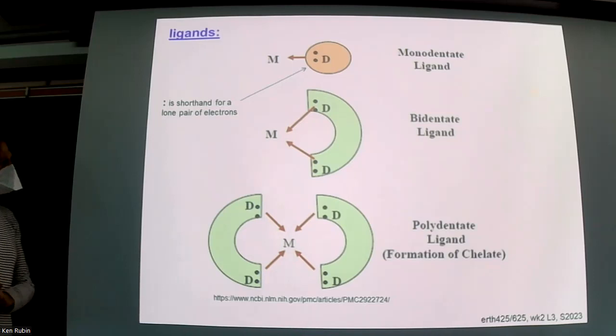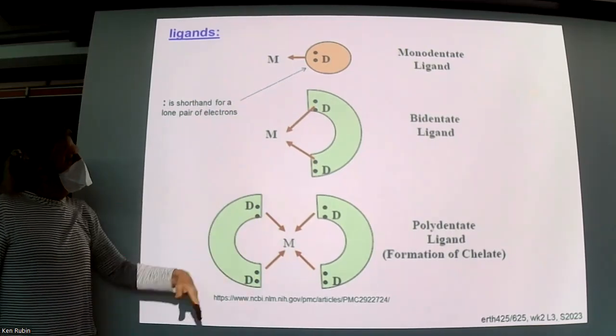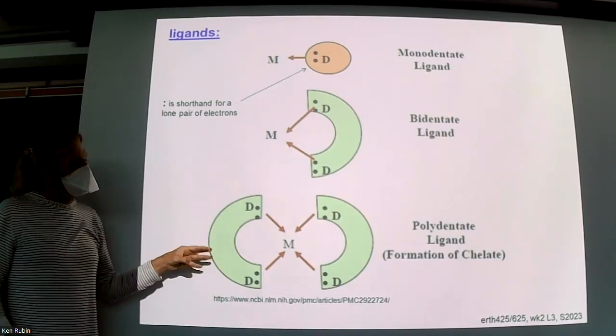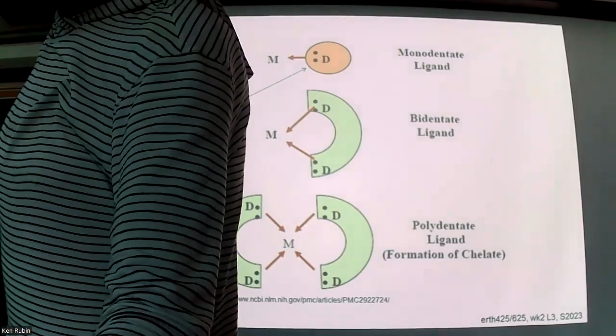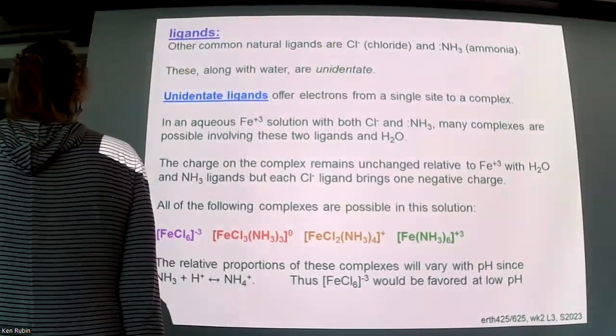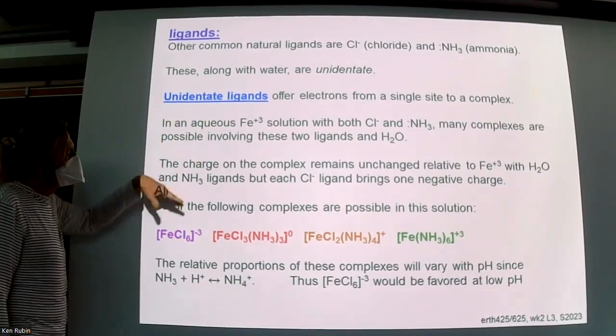That's all the term chelate is. All of these are complexes, but they only become chelates when we have polydentate ligands interacting with individual Lewis acids. So this just explains what I said about unidentate ligands.